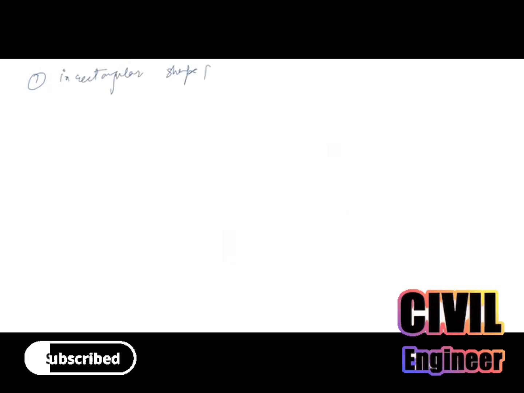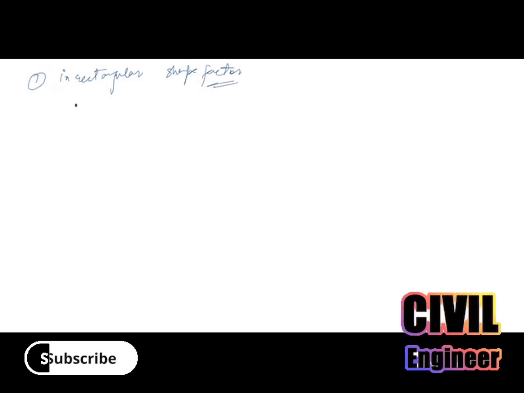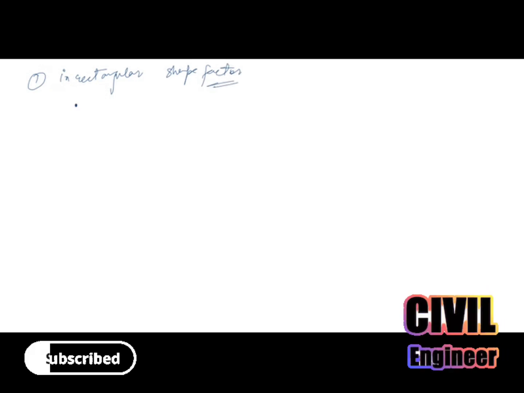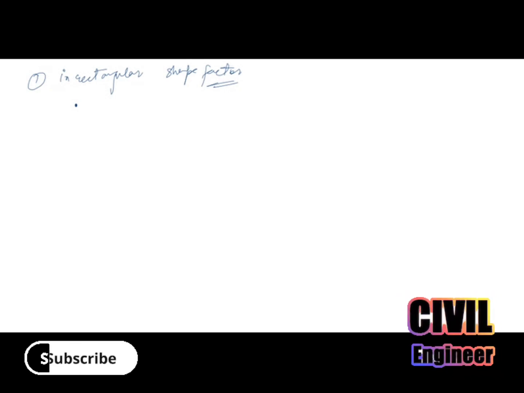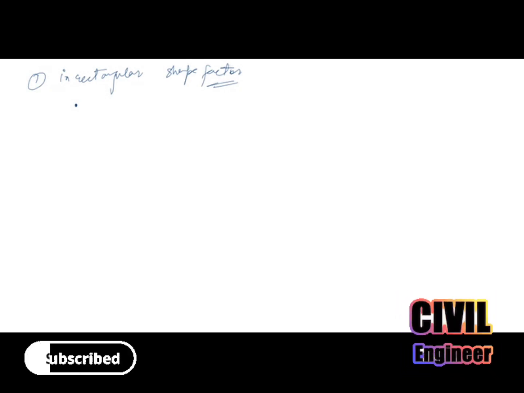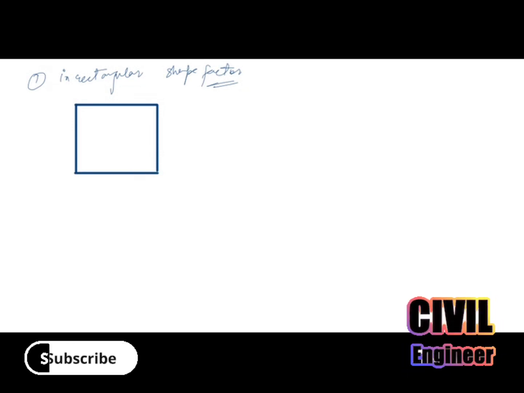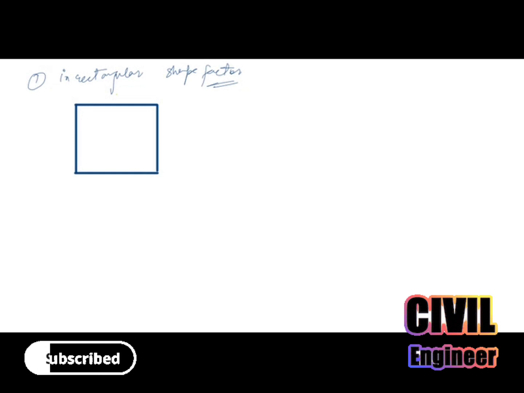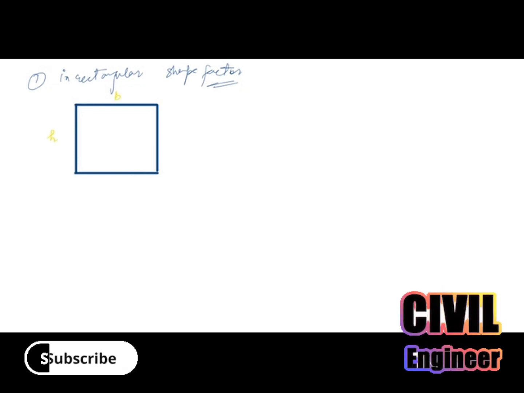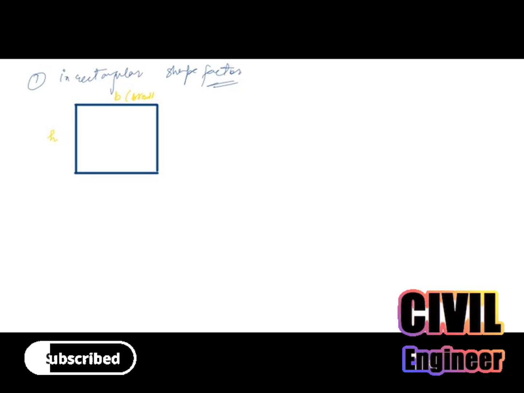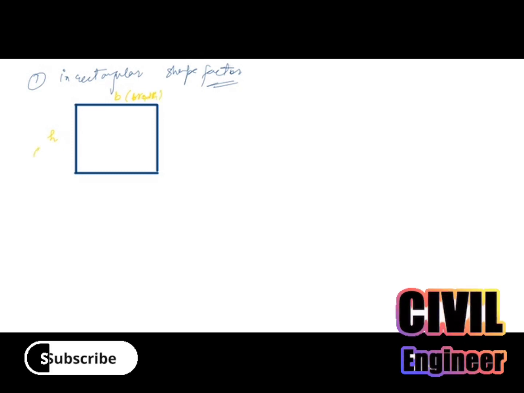Now we'll see in a rectangular section what the shape factor is. Let's suppose this is the breadth of the section and this is the height of the section.